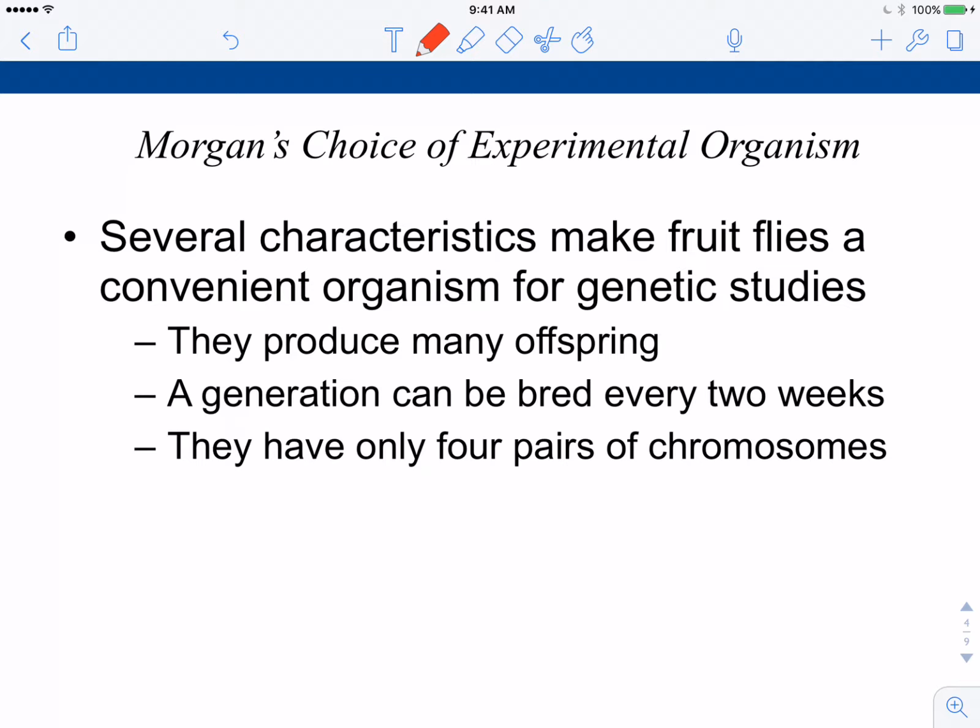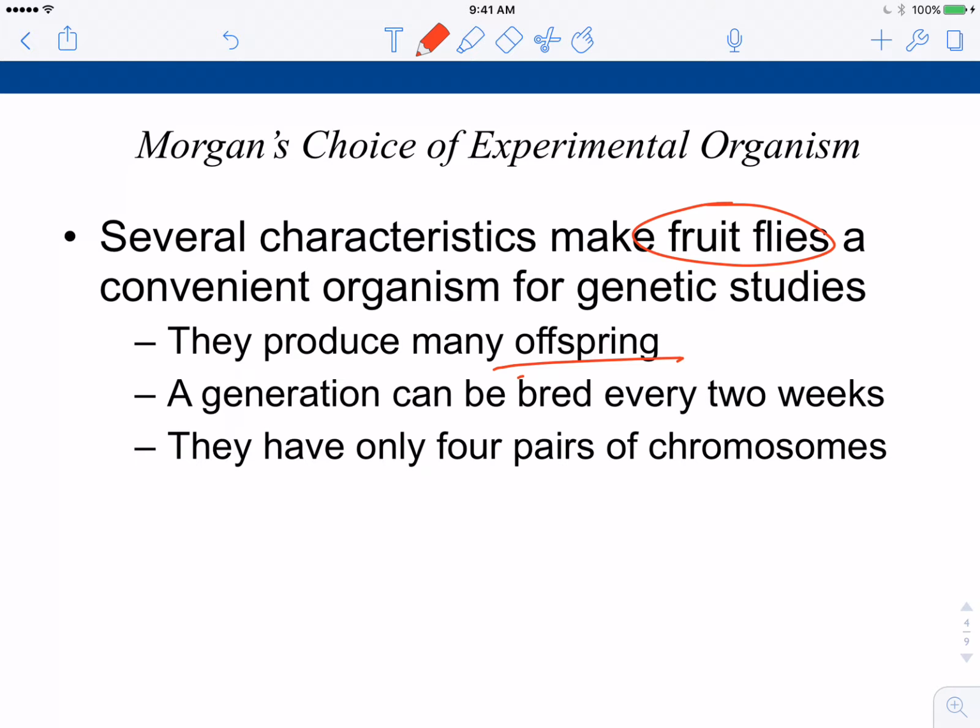Morgan chose fruit flies as his experimental organism because they're a good model for studying genetics. Studying genetics is about how traits are passed on to offspring, so you have to study something that has a lot of offspring and has them quickly.